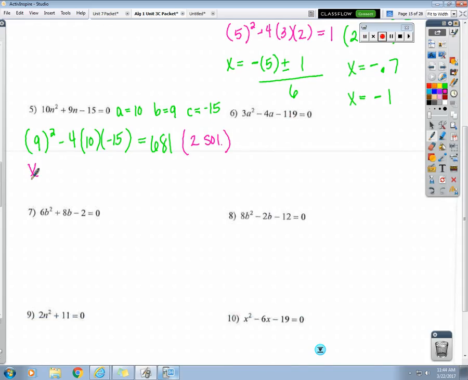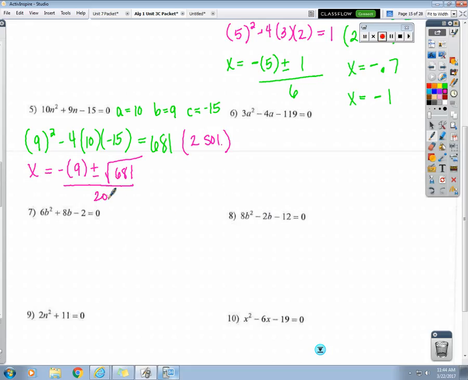So x equals negative b, so negative 9, plus or minus the square root of 681, all divided by what? No, 2 times the A value. Y'all, 20.